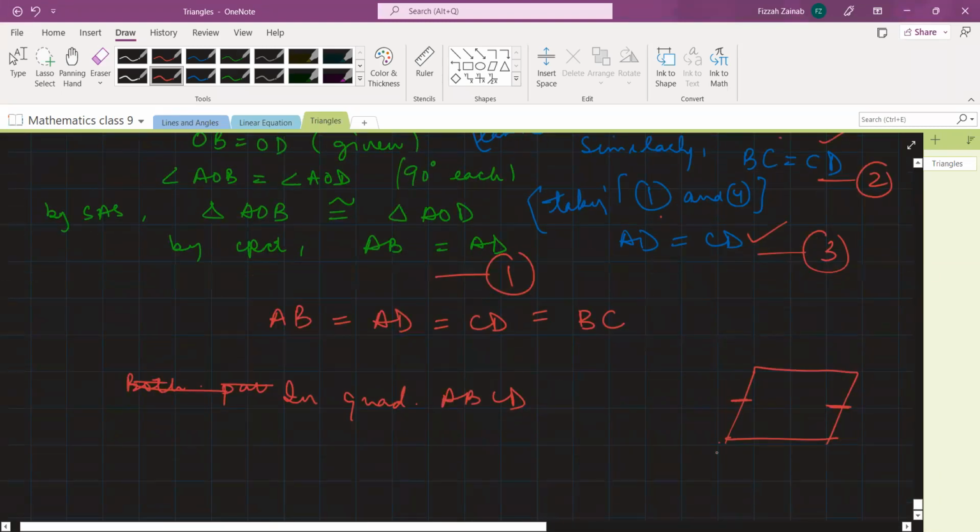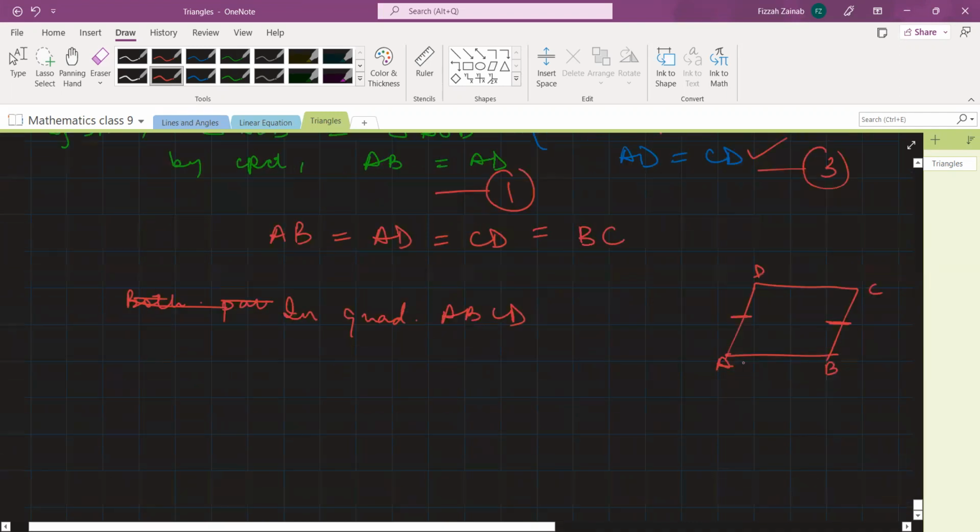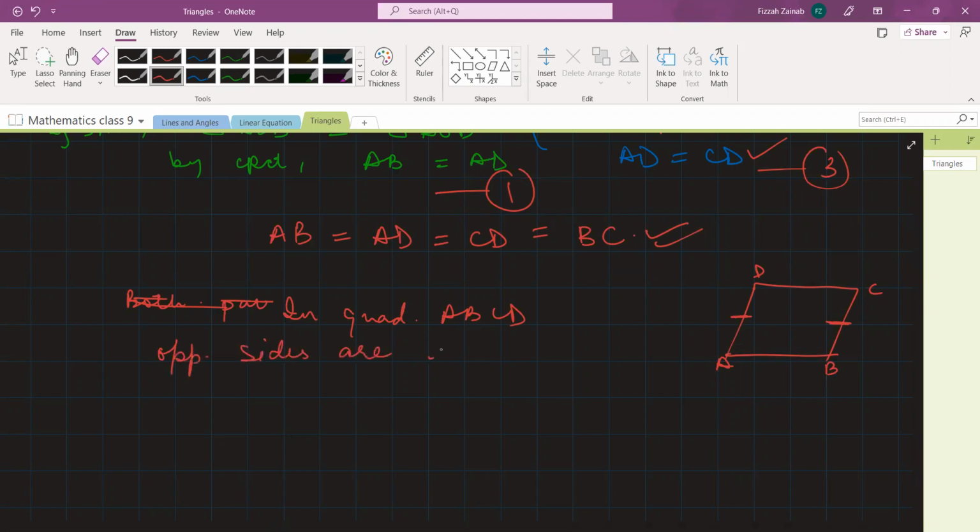ABCD, right? The opposite sides are equal. From here, I can conclude from this, opposite sides are equal. Is that clear? So that means it is a parallelogram. It implies it is a parallelogram.